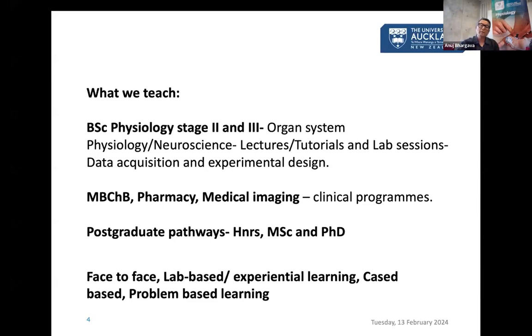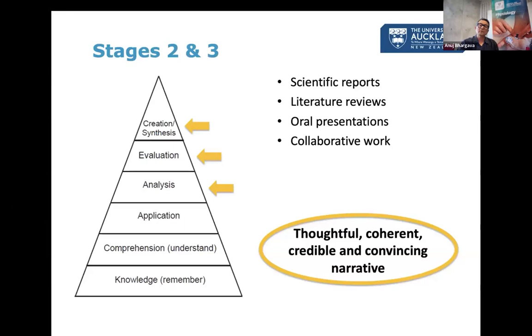So, knowing a little bit about what we teach, the reasoning behind it, just to give you a bit of context: we want our students to think at a higher level of Bloom's taxonomy, which means that they should be able to analyze and evaluate literature, and while they're doing that in years 2 and 3, be able to synthesize their own ideas.